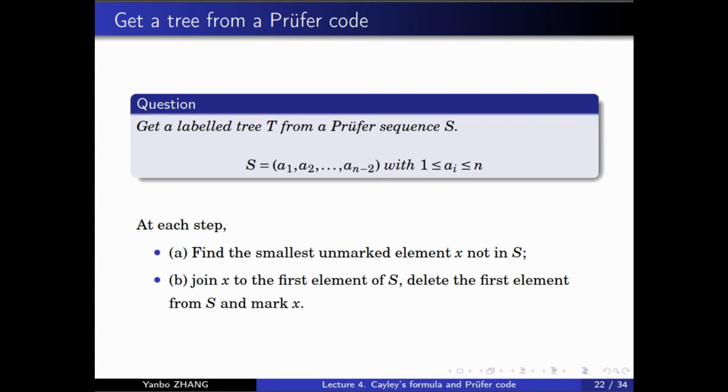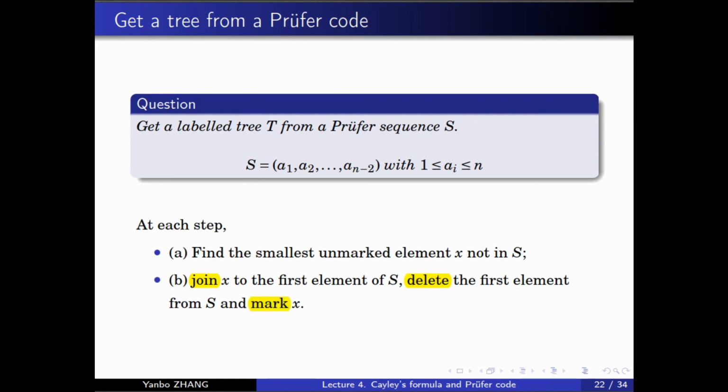Assume that we have a Prufer sequence S. At each step, we will find the smallest unmarked element, x, that is not in S. Then we just join x to the first element of S, delete the first element from S, and mark x.